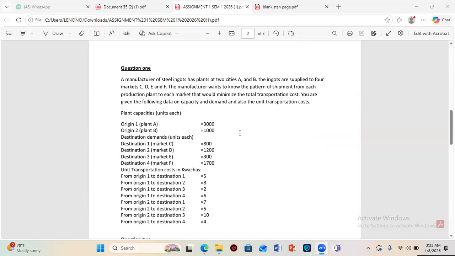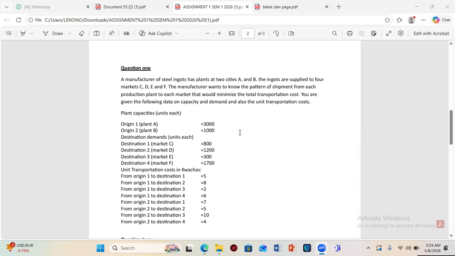Question one says a manufacturer of steel ingots has plants in two cities, A and B. The ingots are supplied to markets C, D, E, and F. The manufacturer wants to know the pattern of shipment from each production plant to each market that would minimize the total transportation cost. You are given the following data on capacity and demand and also the unit transportation costs.